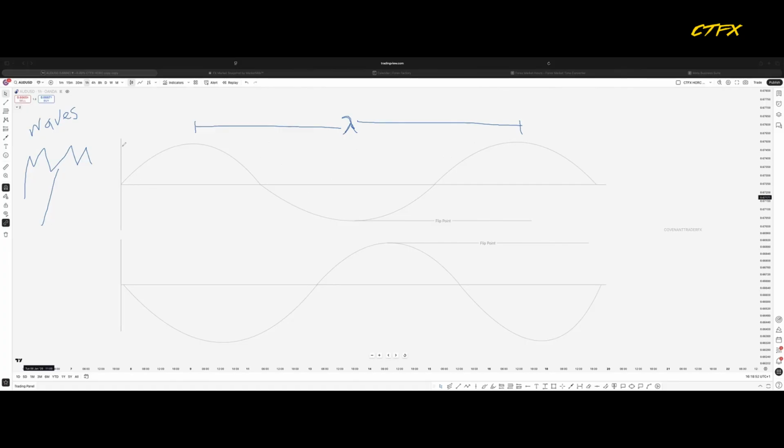So basically, let's take this line here as the open, the 0000 for a day now. The way the market opens, in this case the market went up first, taking out, let's assume, the high of the previous candle, of the last candle that was found in the previous day.